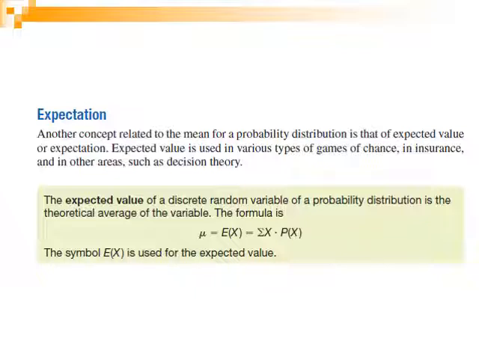As we noted here, mu equals the expected value, equal to the summation of x multiplied by p of x. The rule is the same as for the population mean, but sometimes we call it expected value in decision theory and other situations.